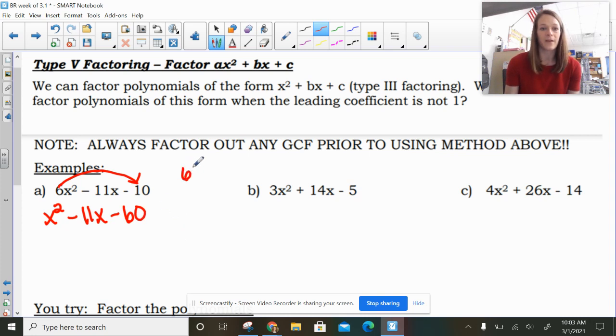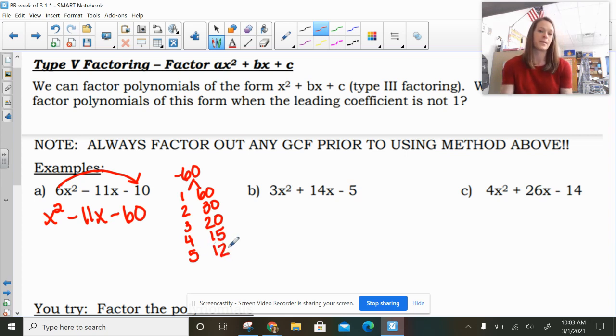So I'm looking for factors of 60. I know I have 1 and 60, 2 and 30, 3 and 20, 4 and 15, 5 and something, 12. There we go. You can use your calculator to divide each of these out to get these numbers.